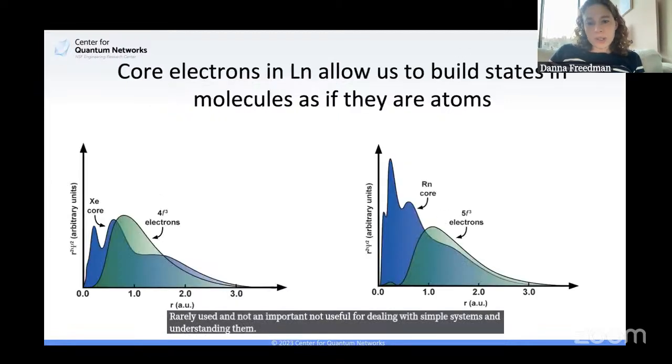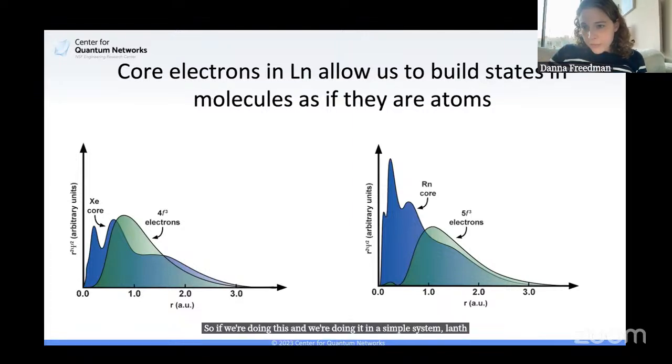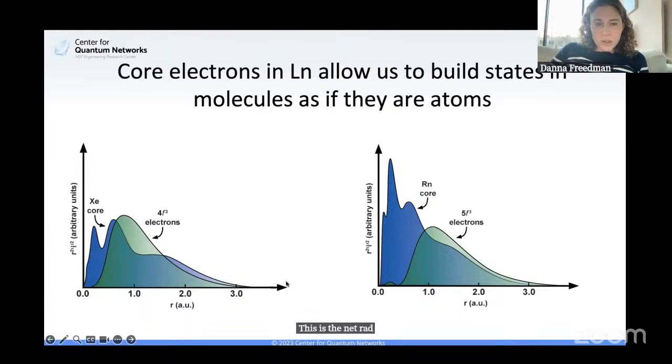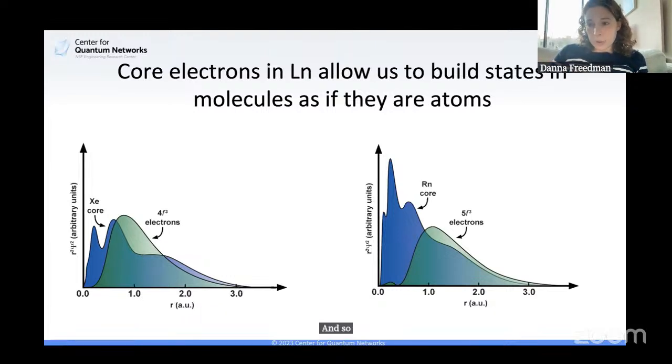So if we're doing this in a simple system, lanthanides are by far the best playground to understand this. This is the net radial extent of an arbitrary lanthanide and an arbitrary actinide. And what you can see is the 4f electrons are buried within the xenon core. And so this is really unusual, to have spins that are buried within the core.